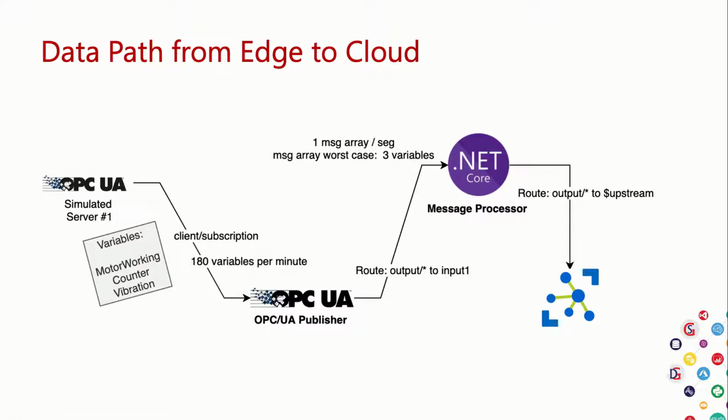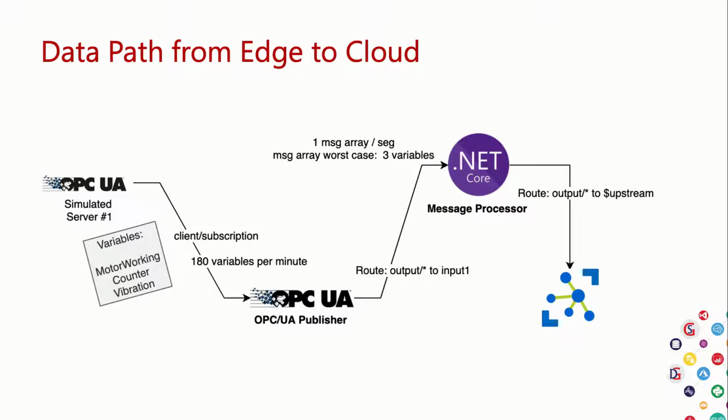And then I will route this. I will group all messages from 1 second. So maybe I will have 3 messages per second, because the time of the simulated server is 1 second. So I have 3 messages in a second.